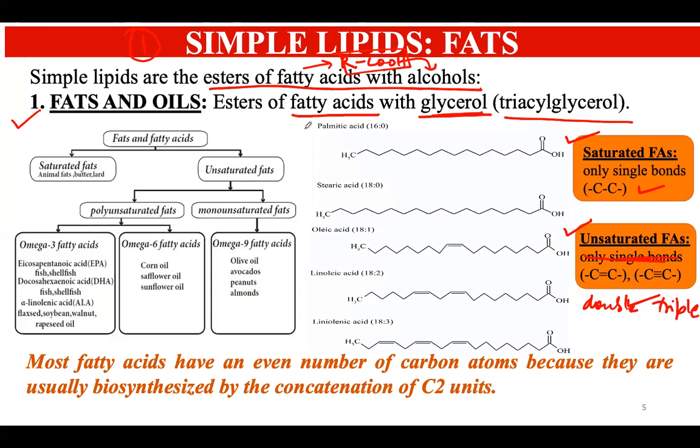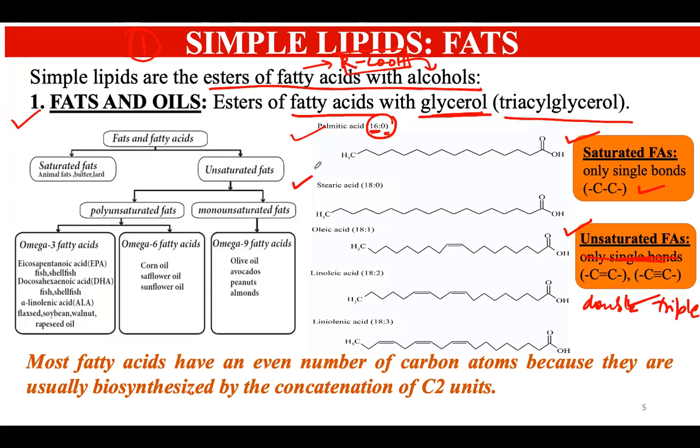Some examples of the saturated fatty acids include palmitic acid, which has 16 carbon atoms and 0 double bonds. So what does this denote, the thing written in the bracket? The first number before the colon indicates the number of carbon atoms in that fatty acid, and the second number after the colon is the number of double or triple bonds present.